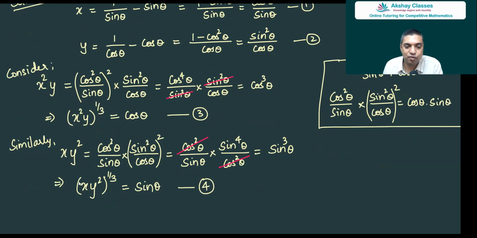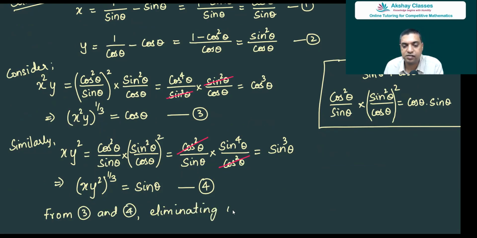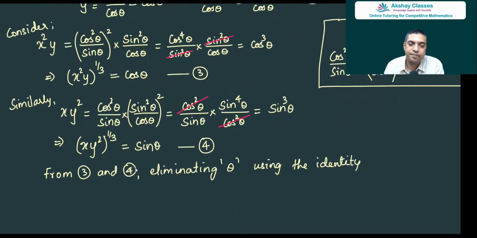Now from 3 and 4, eliminating theta using the identity cos square theta plus sine square theta is equal to 1.